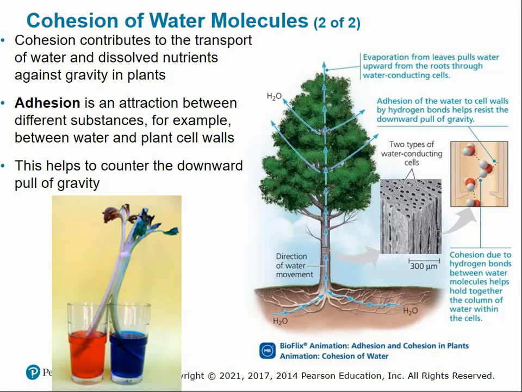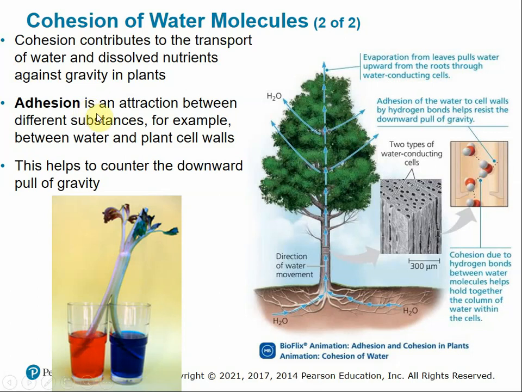The cohesion of water molecules is important when we look at transport of water and nutrients in plants. Right? How are plants able to transport water and their nutrients all the way from the roots of the plant to the very tip top of very tall trees and the leaves? Plants use cohesion and adhesion. Cohesion, we said, is where the hydrogen bonds between the water molecules help hold them together.